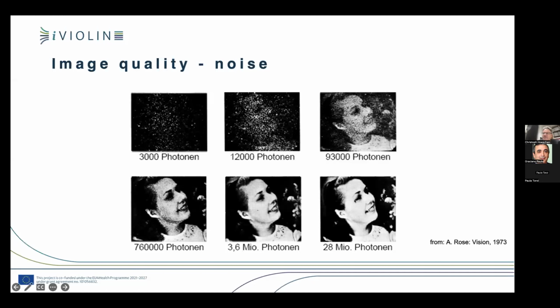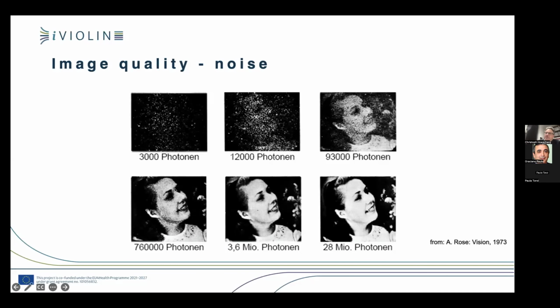So assume this is the reality, this is a ground truth, and we really need to diagnose this ground truth, as the radiologist would need to do. Well, if we would need to use this number of photons, that would mean a really, really high dose.